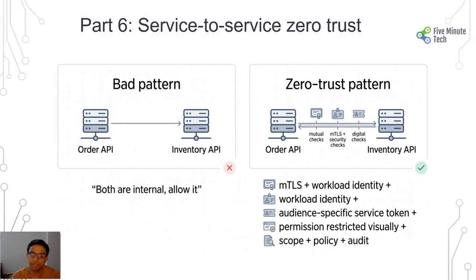Instead, the inventory API must know exactly who is calling, and it should accept the call only from the order API workload. It should require a token intended for the inventory API itself with the scope inventory.reverse. It should verify tenant consistently and enforce any additional business policies.